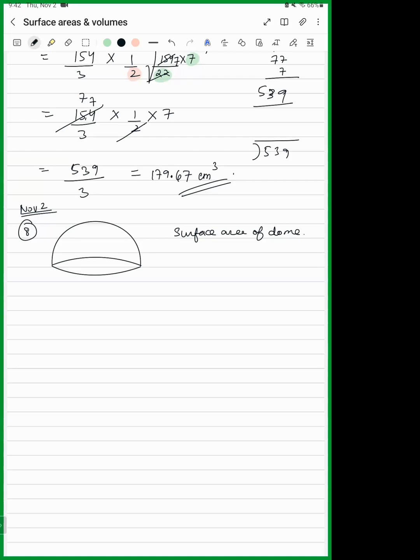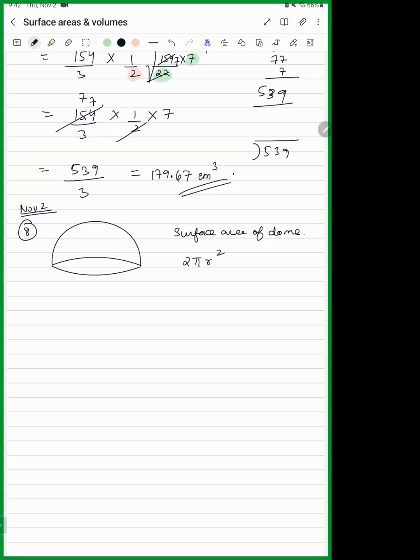Am I audible? Yes, Priyanka, you were saying something? The curved surface area of a hemisphere is 2 pi r square, and the total surface area is 3 pi r square.